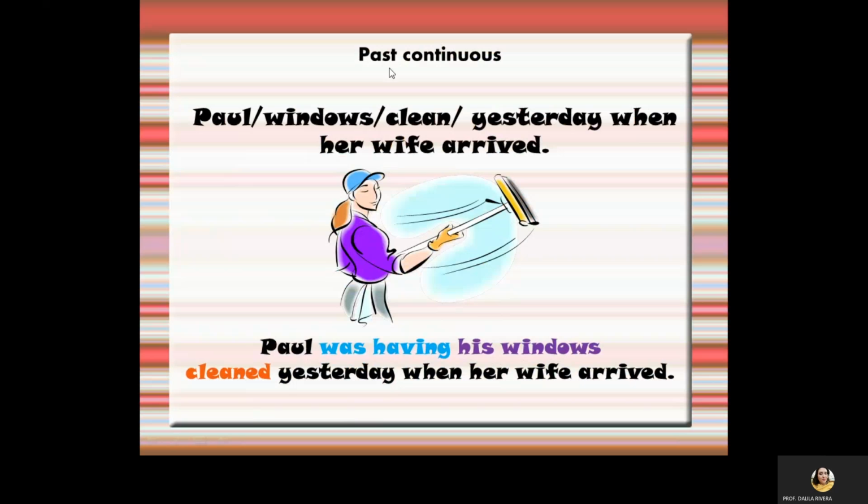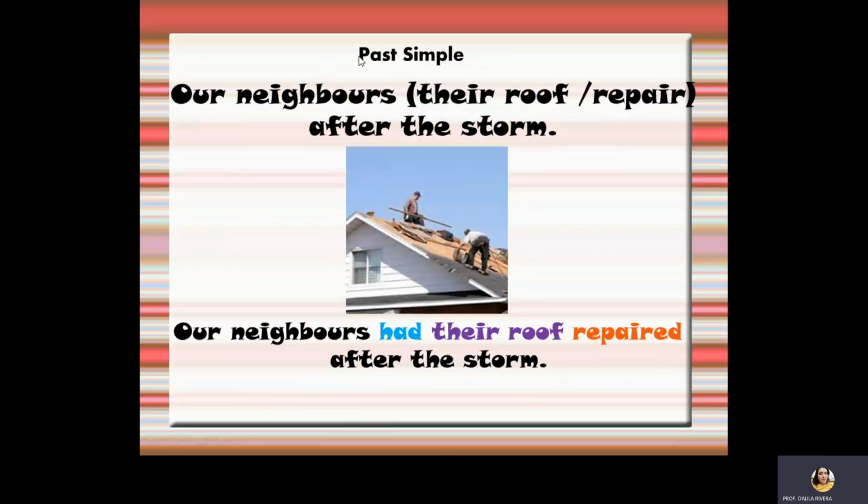Paul, past continuous, was having his windows cleaned yesterday when her wife arrived. Okay, past simple again. Our neighbors had, past simple, something, their roof repaired after the storm.